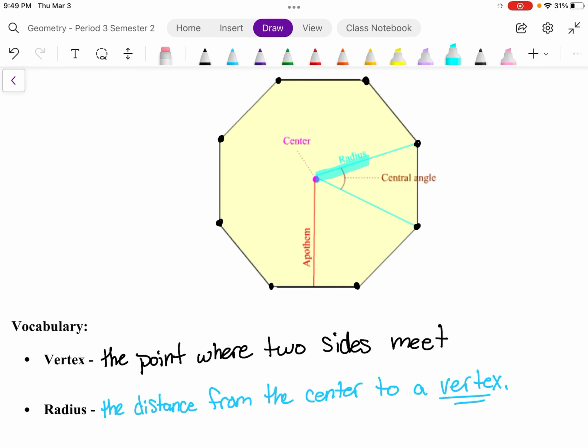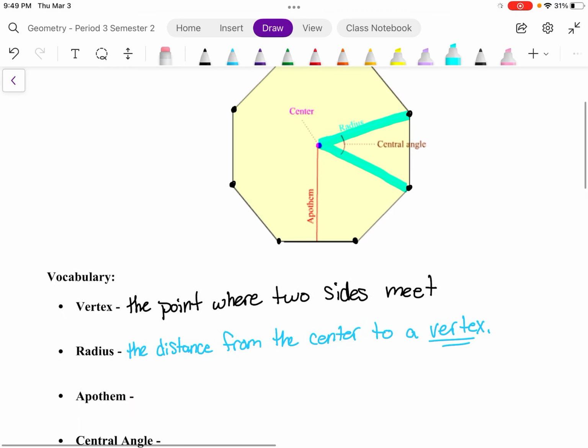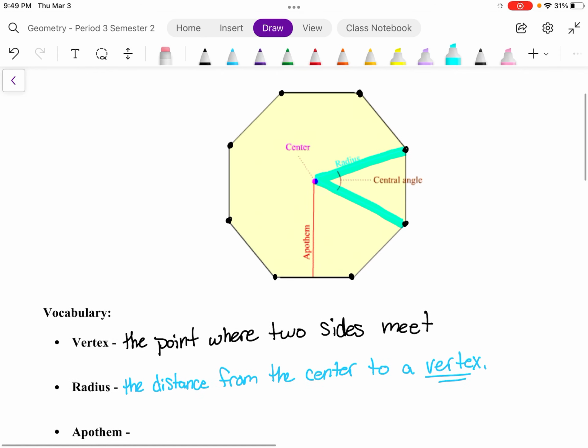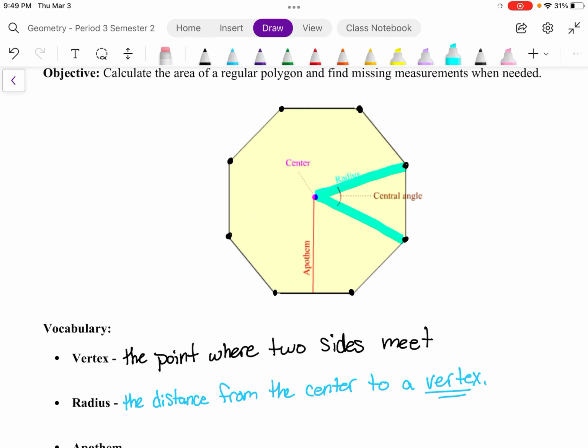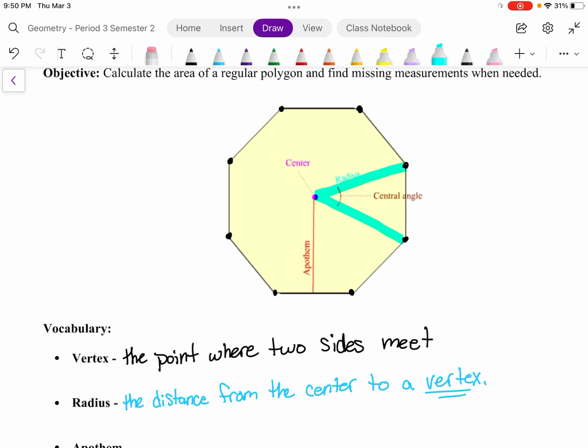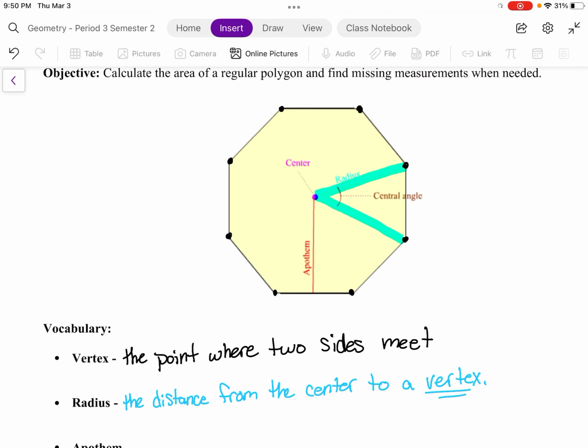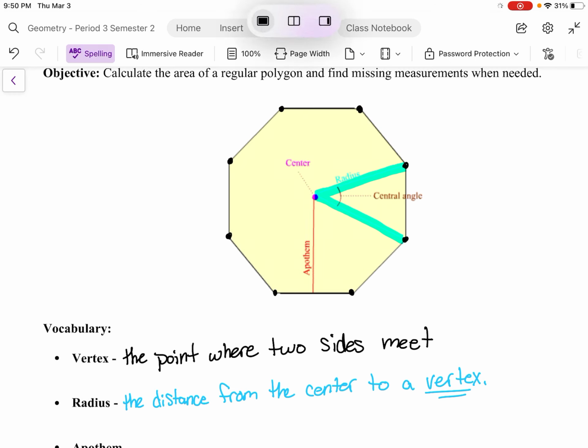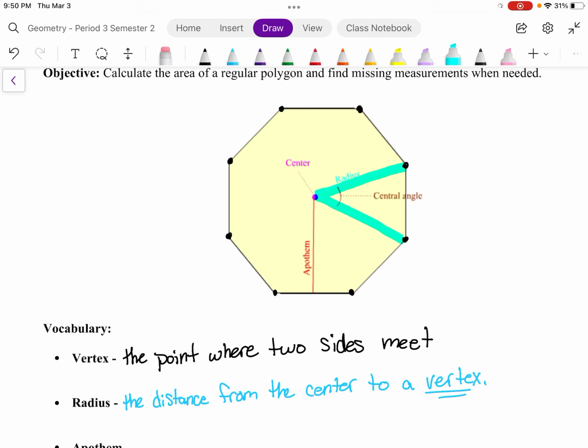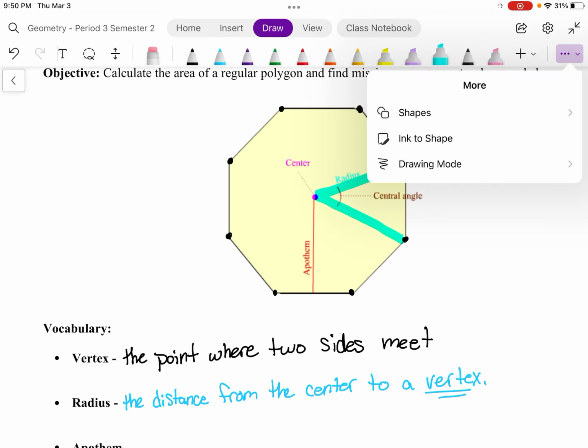And you can see that right here labeled in our diagram. And the reason that it's called a radius is because we could form a perfect circle around that polygon, and we would see that all of those points would land on a circle.